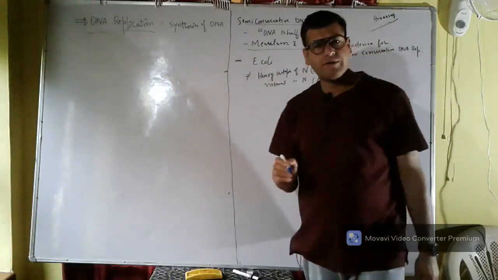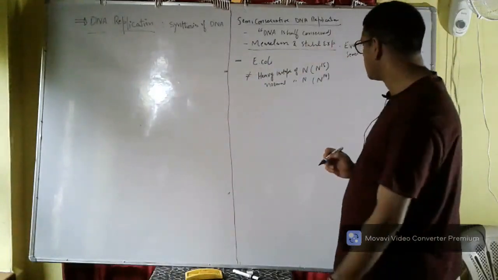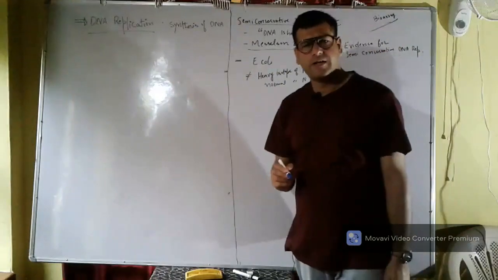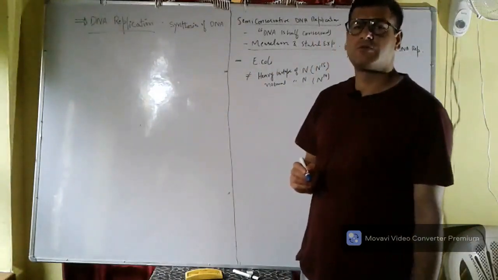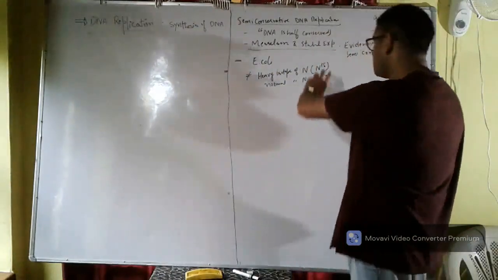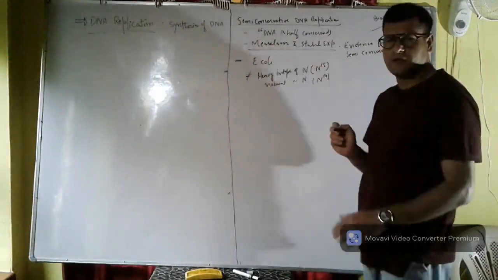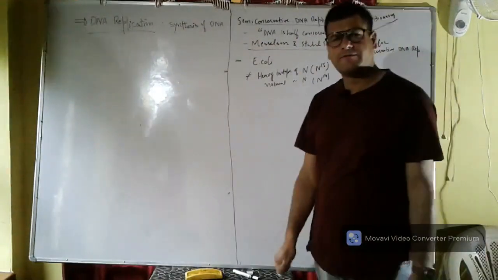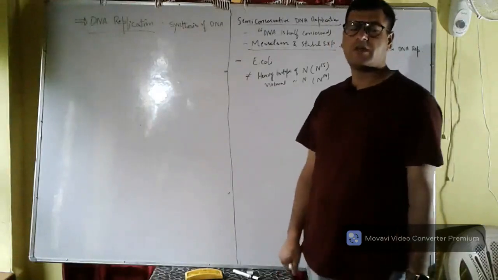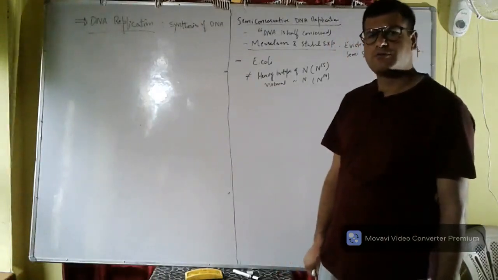Both the N14 isotope and the N15 isotope of nitrogen are stable isotopes of nitrogen.